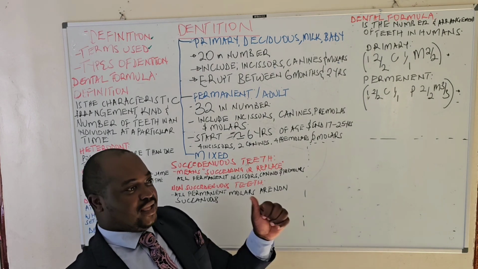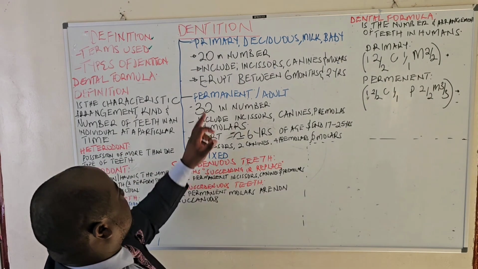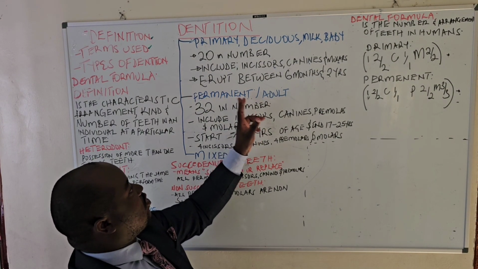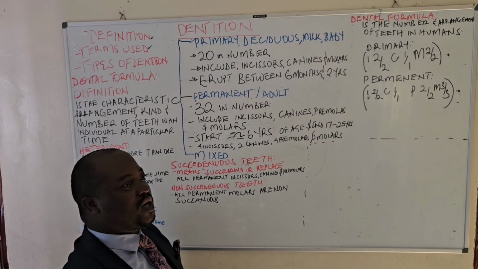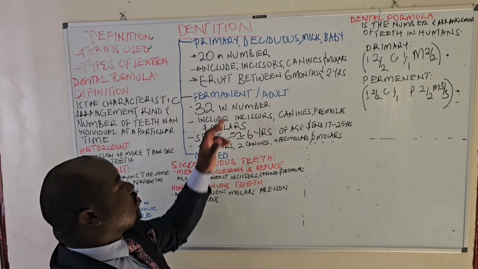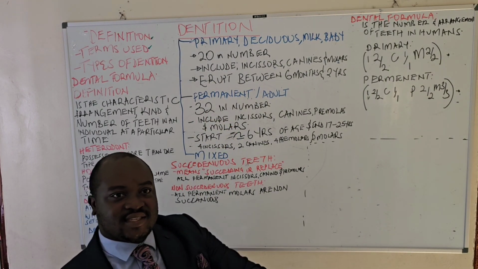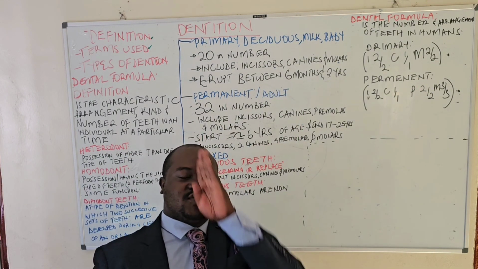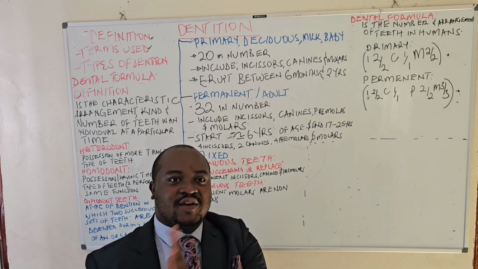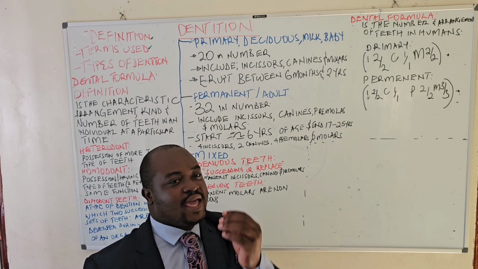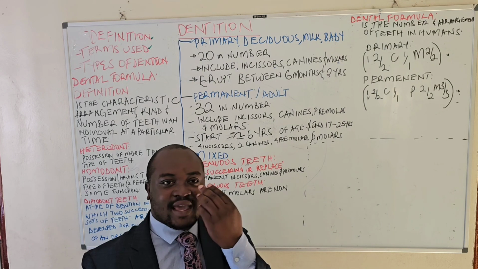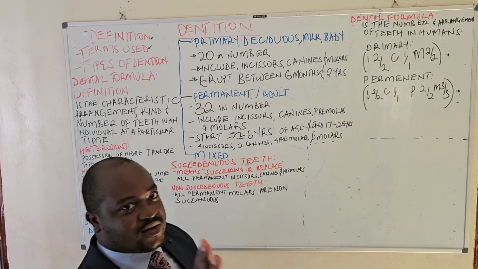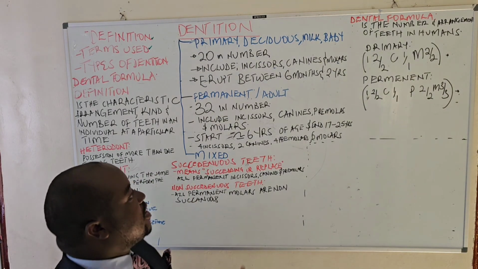Thank you. We have the permanent dentition, or what you call adult teeth. These are 32 in number. It means we have 16 in the upper jaw and 16 in the lower jaw. If I tell you to divide the mouth again into left and right, we shall have 8 in each quarter. We shall see that in detail.